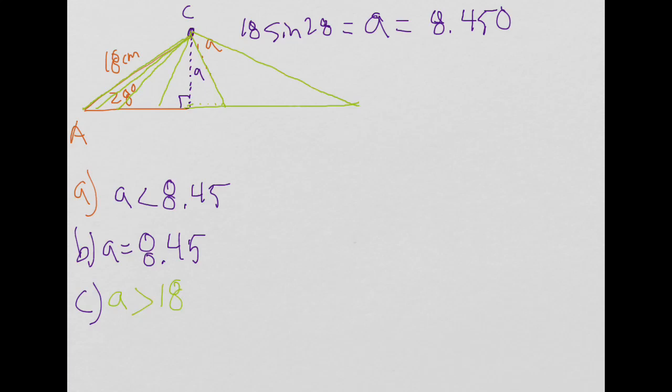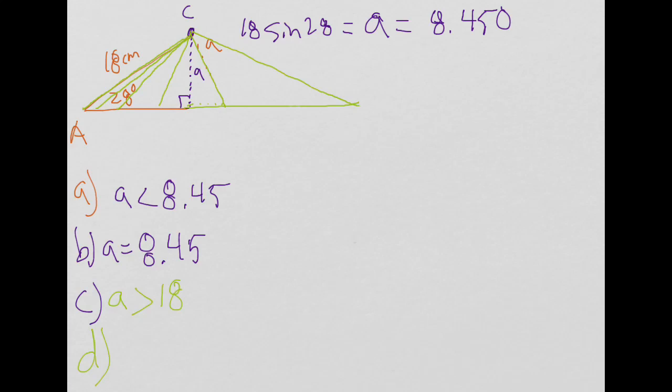So finally, last one, D, we want two possible triangles. Well, combine everything we just said so far. If A is less than 8.45, we don't have a triangle. If A is 8.45, we have exactly one triangle, the right triangle.